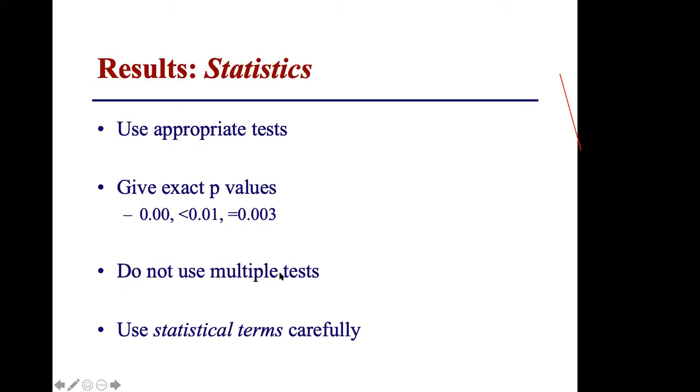Do not use multiple tests. For one piece of data, one statistical test is appropriate, and use statistical terms very carefully. There are a number of statistical terms. When used in science, those terms have a very specific meaning, while when used in the English language, these could have a little loose meaning.